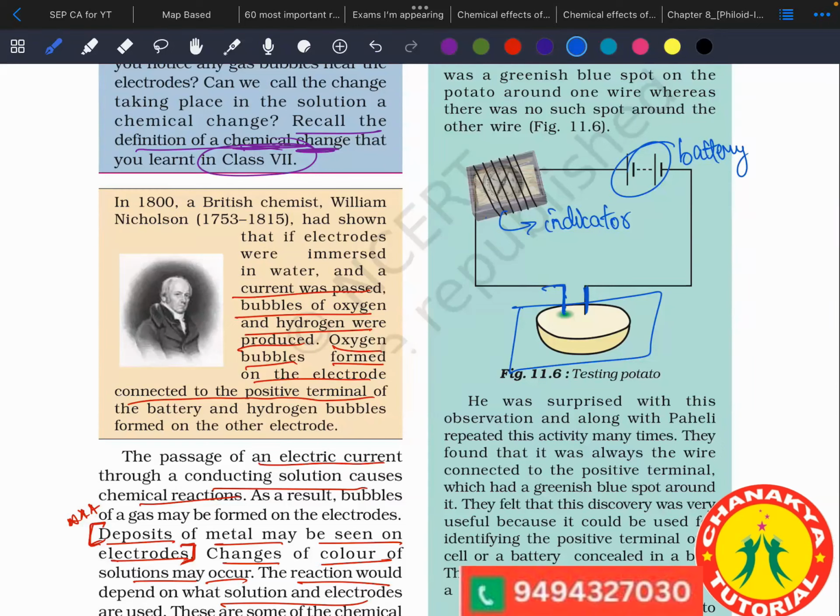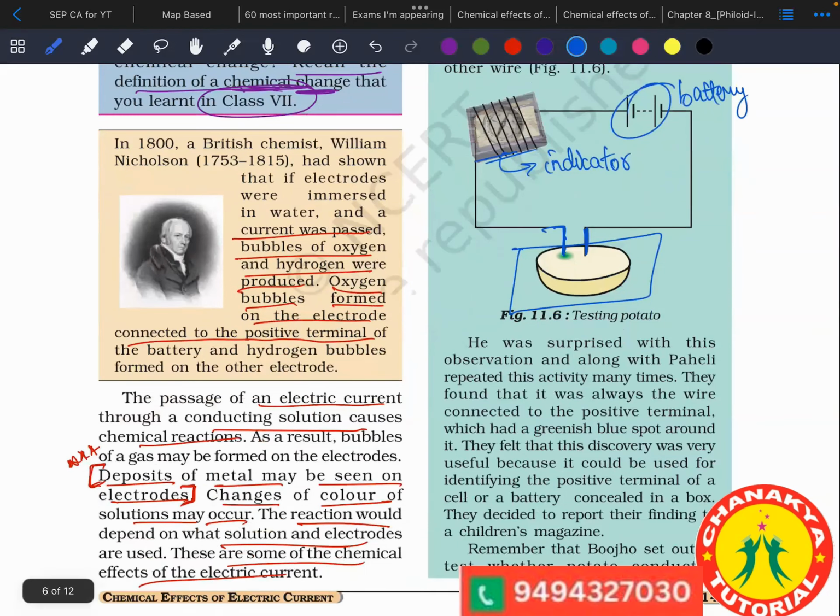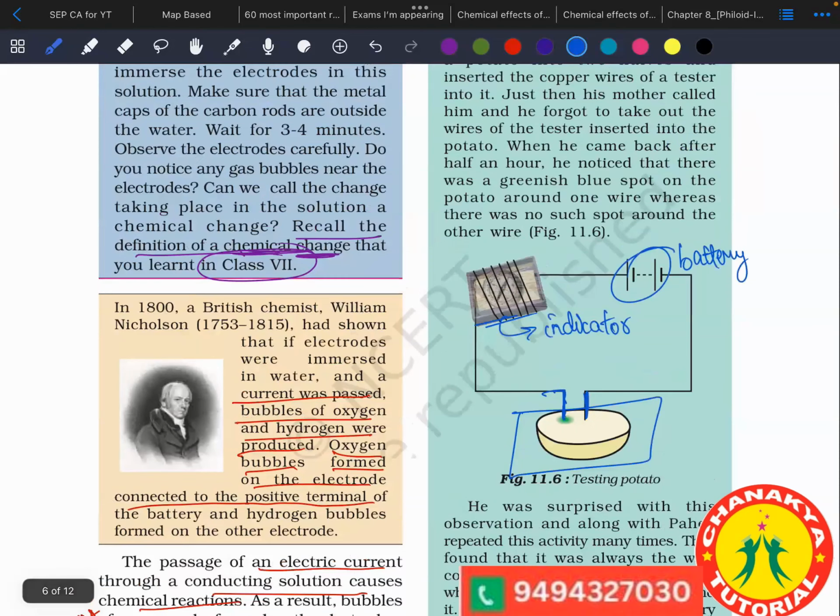And how have we formed this magnetic compass? We have taken one empty matchbox. We have put a magnetic needle in that, and we have wrapped it with the help of which wire? Can you tell me? Copper. Copper, very good. We have wrapped it with copper wire because copper is a good conductor of electricity. Fine.